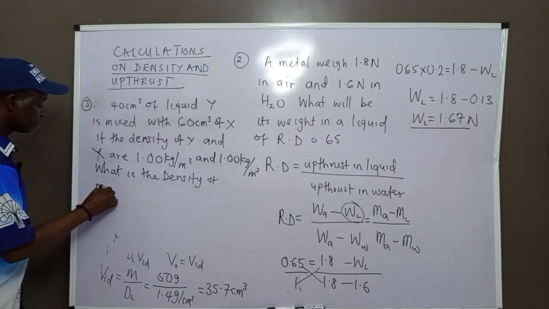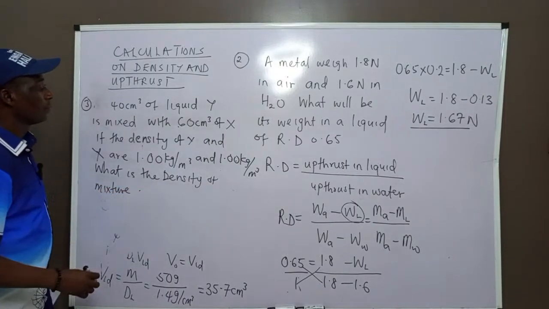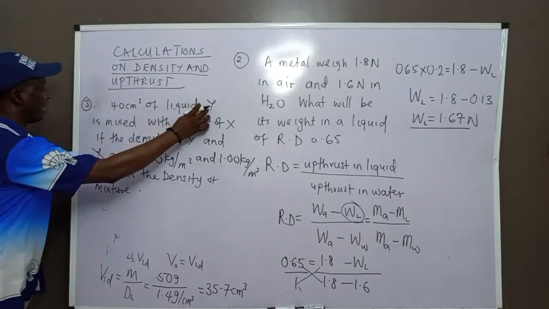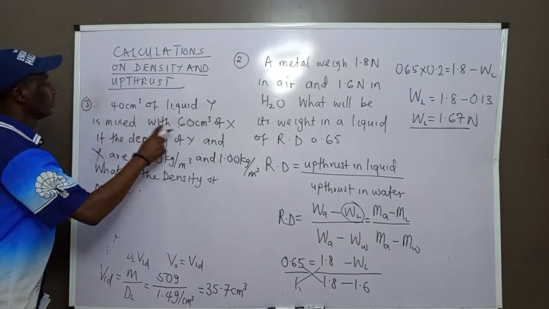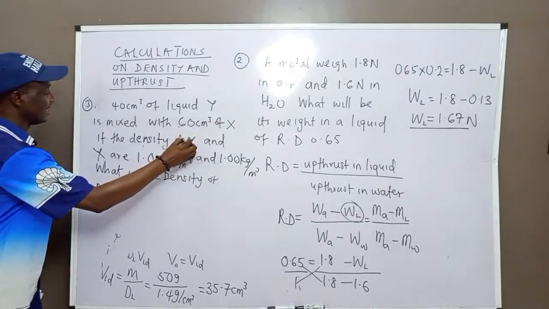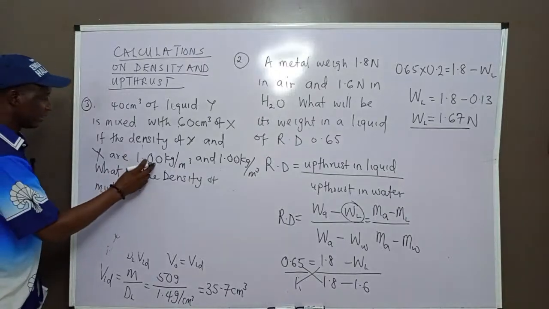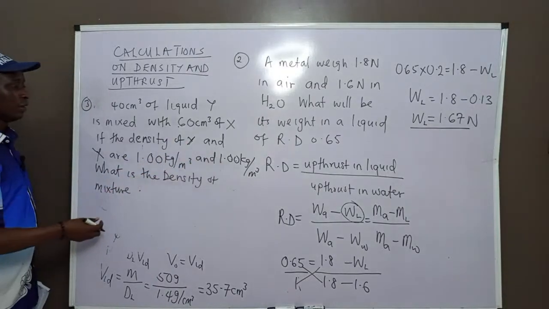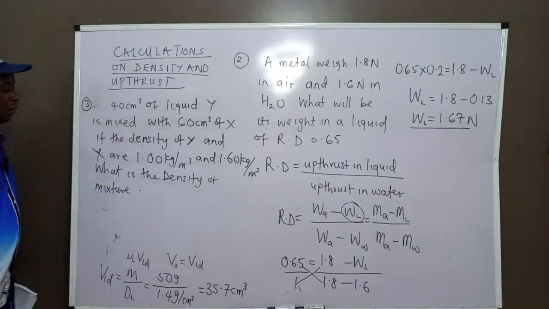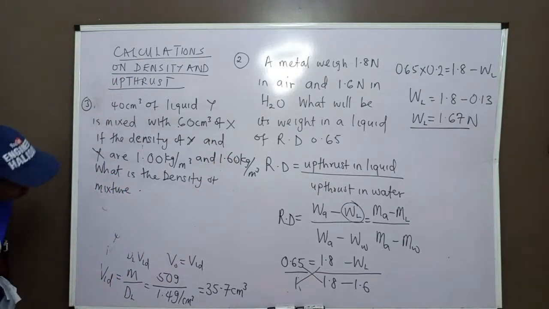Now, we are having volume of Y mixed with 60 centimeter cube of X. If the density of Y and X are 1.0 and 1.6, what is the density of the mixture?